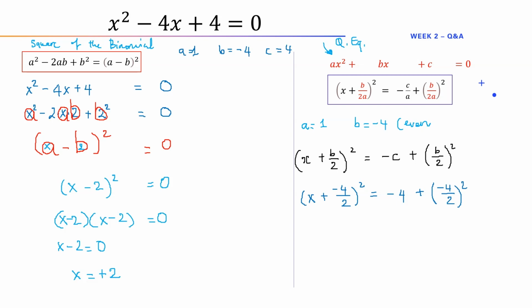Okay, so in the parentheses we have x, negative 4 divided by 2 is negative 2, right? So minus 4 plus negative 2 squared. This one is 4. So minus 4 plus 4 equals 0. So we have the same answer on the left side, right?